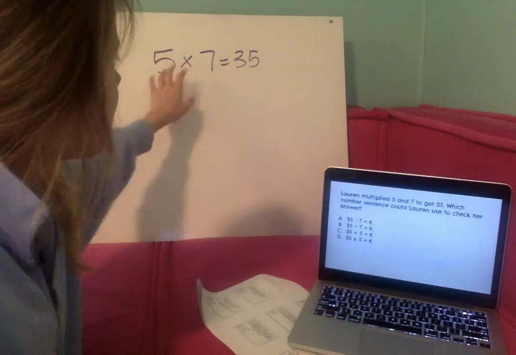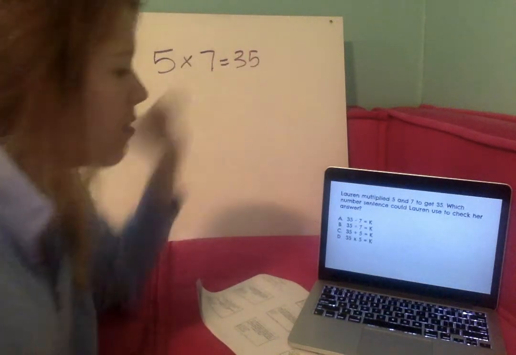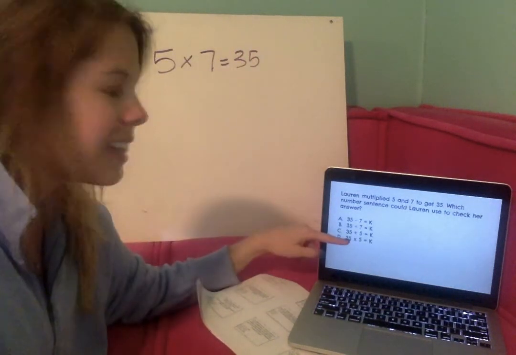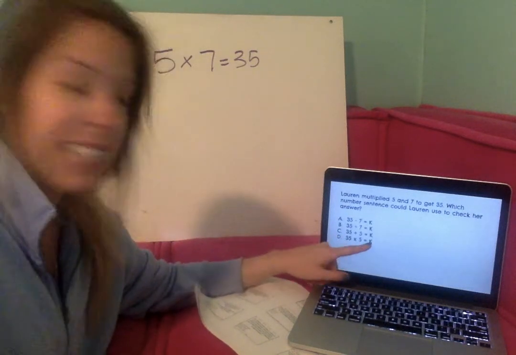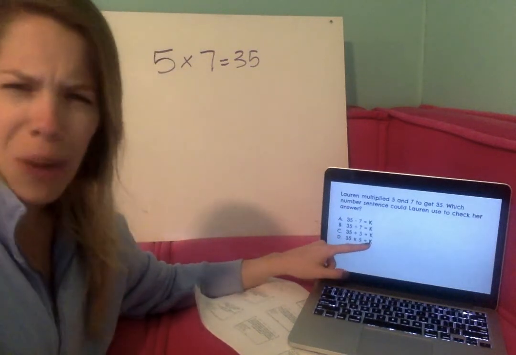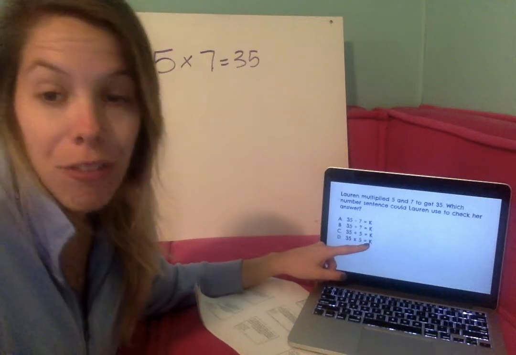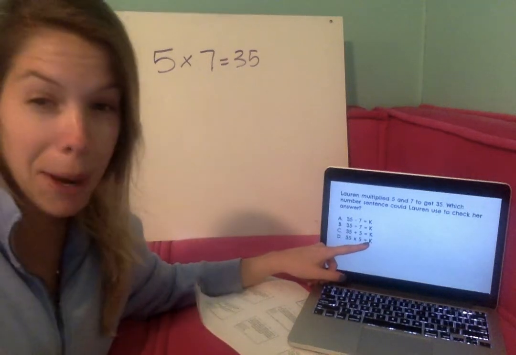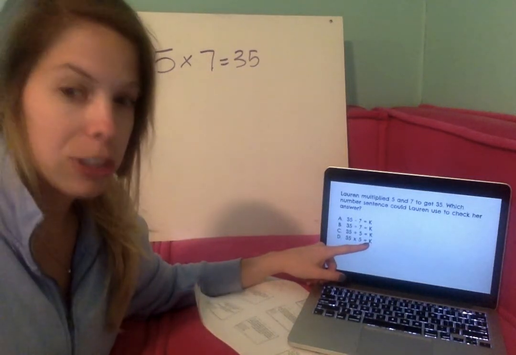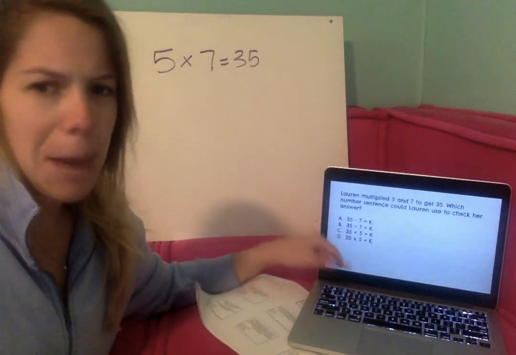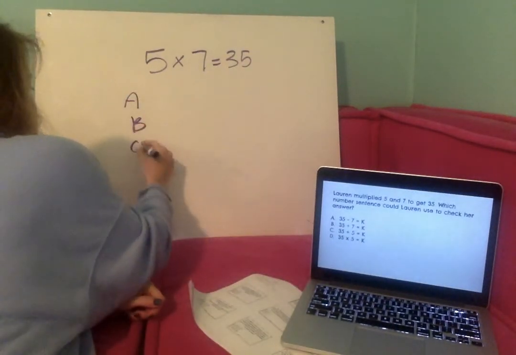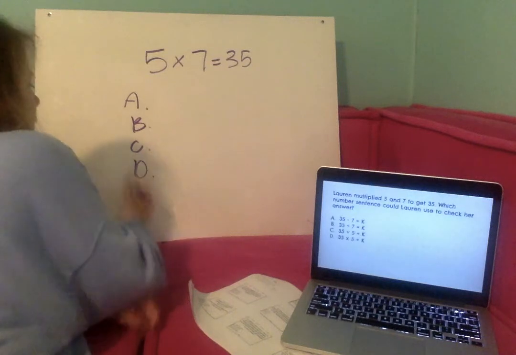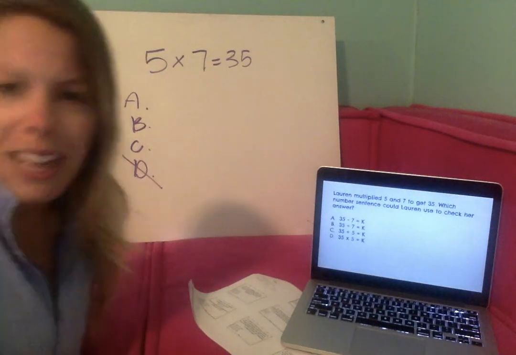So if we know that 5 times 7 equals 35, do we think that 35 times 5 is going to equal 7? No way. That would not make sense. And we know that if we use the box method to solve that problem, that's going to be a really large number. So D could not be an answer choice. So I'm going to write A, B, C, D here. And I'm going to go ahead and eliminate D.